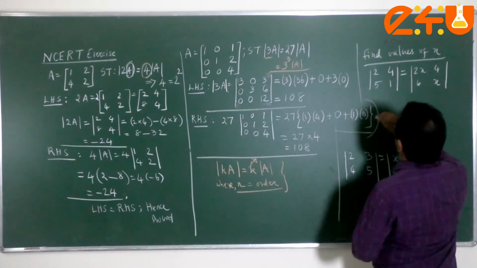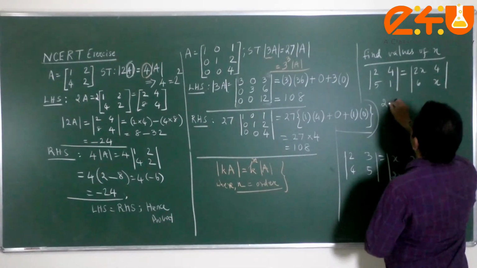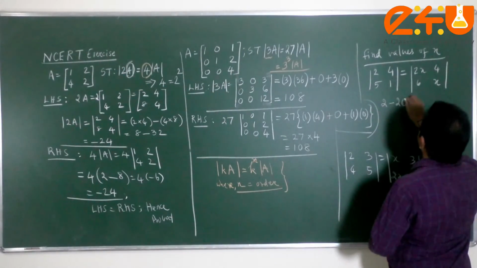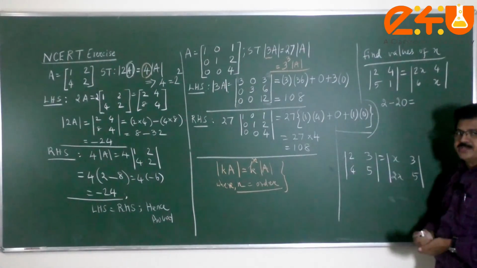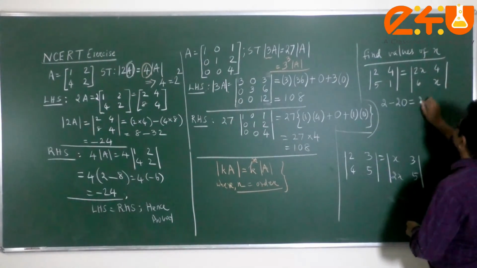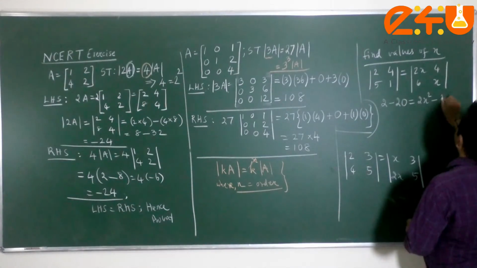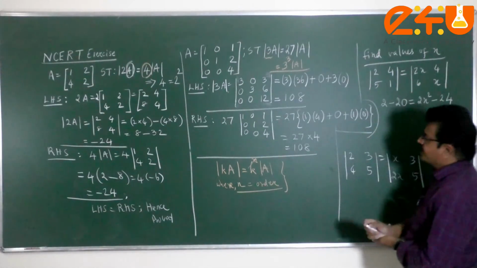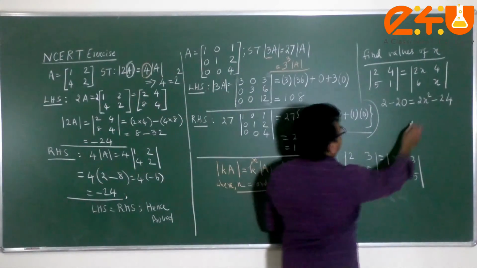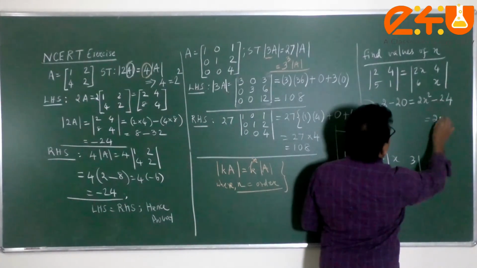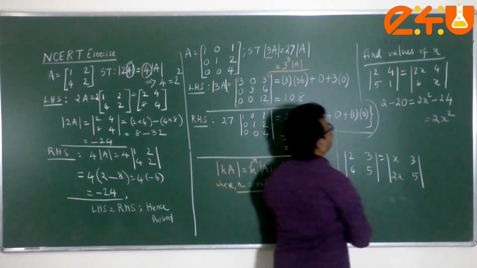Evaluate the LHS determinant: 2 times 1 minus 5 times 4. Continue opening the determinant on the right side: 2x times x is 2x squared, and subtract 6 times 4, which is 24. So let us find out 2x squared.